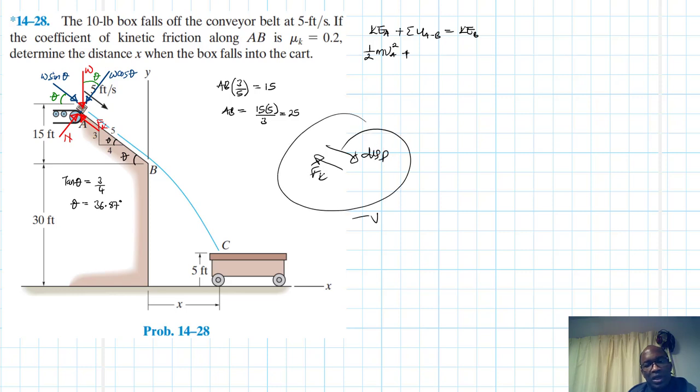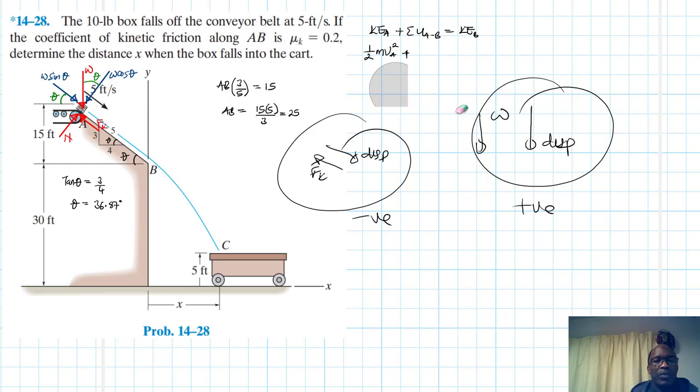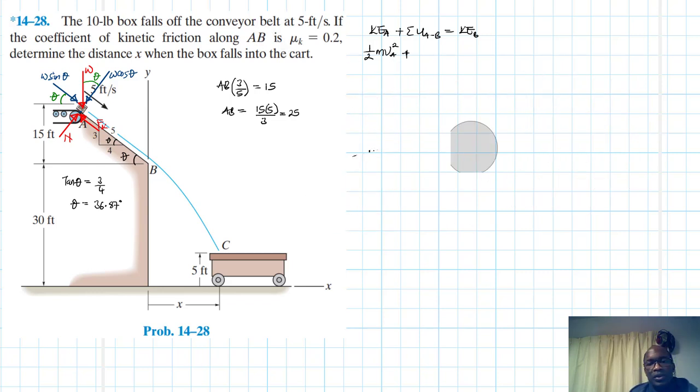This one is giving negative work. And then we have the weight like so, and the displacement also in this direction. This one is giving positive work. So let's write them down. We do have W times H, let's call it HA, and then we do have minus FK times AB.